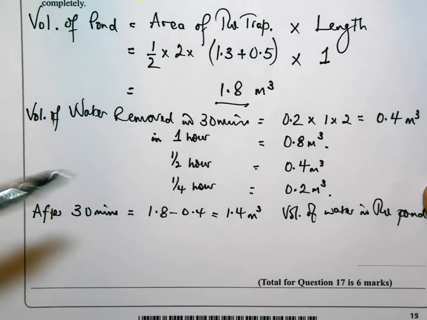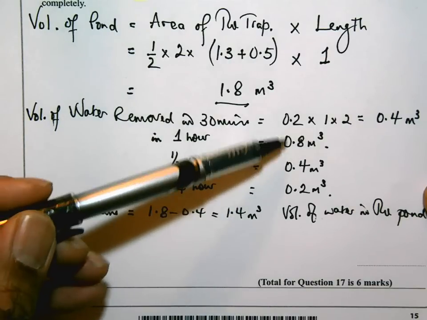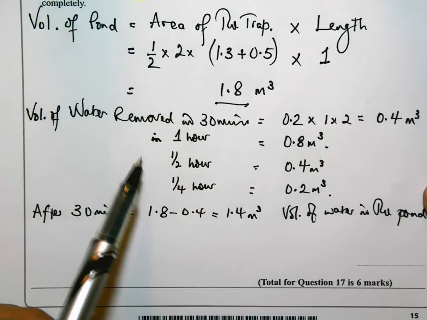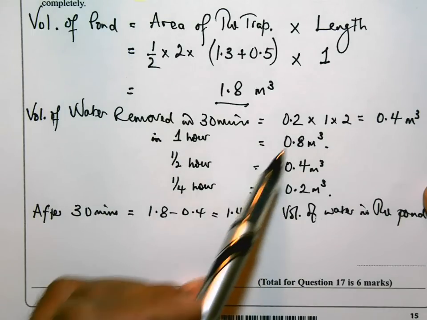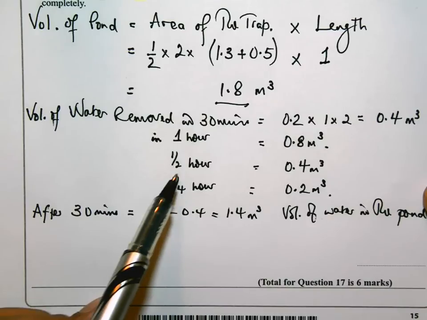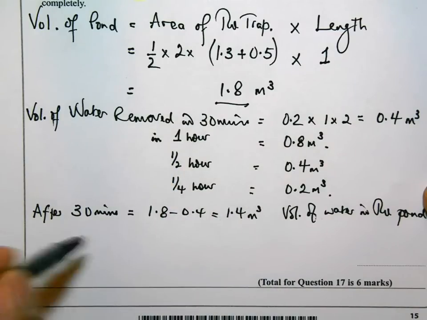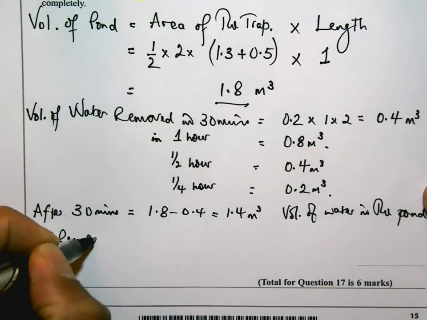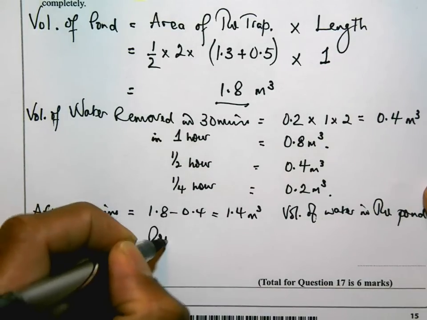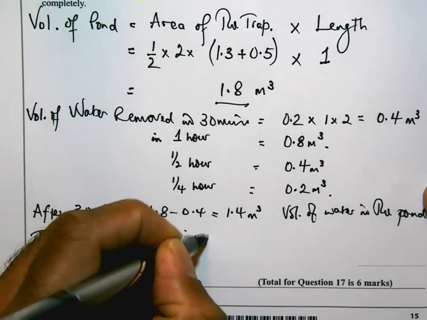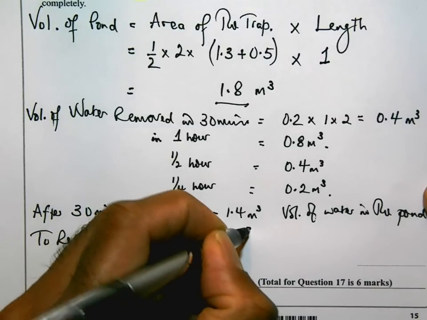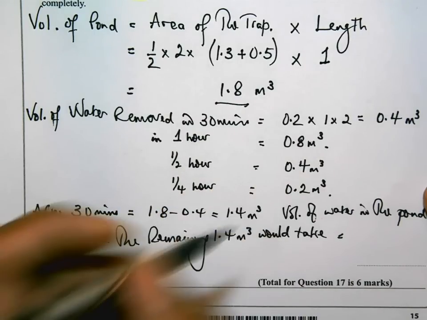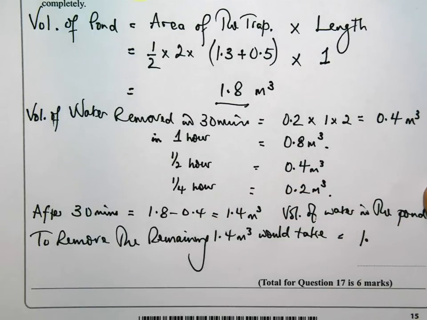So it takes 1 hour to remove 0.8, it'll take 1.25 hours to remove 1, and half an hour more, 1.75 hours. So to remove the remaining 1.4 meters cubed would take 1.75 hours.